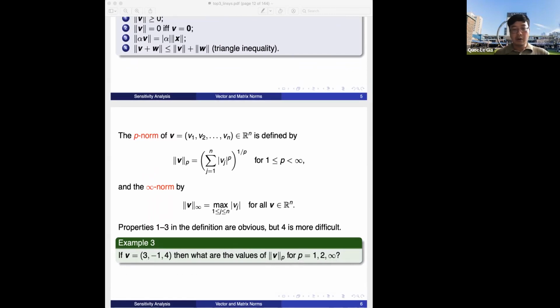So let me just do a quick calculation. Remember, you have v, well, I cannot do boldface, so I have to draw it with a line underneath. So it's like a vector. The three components are 3, -1, and 4, right?